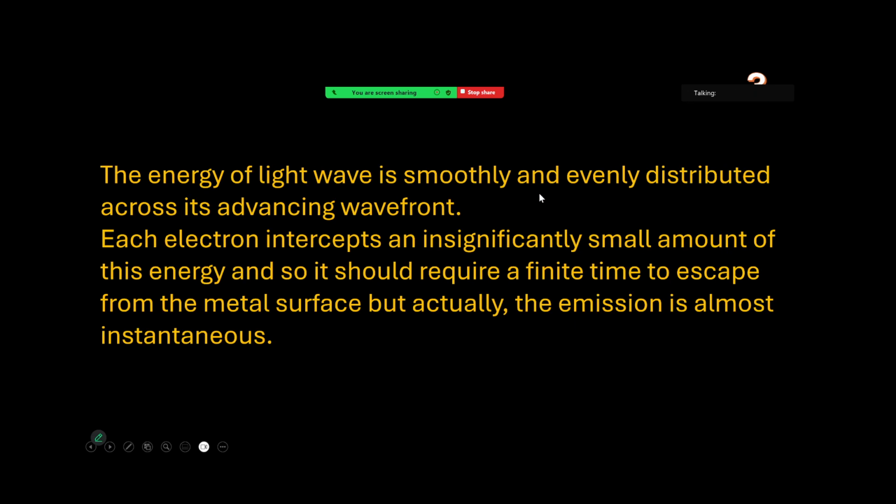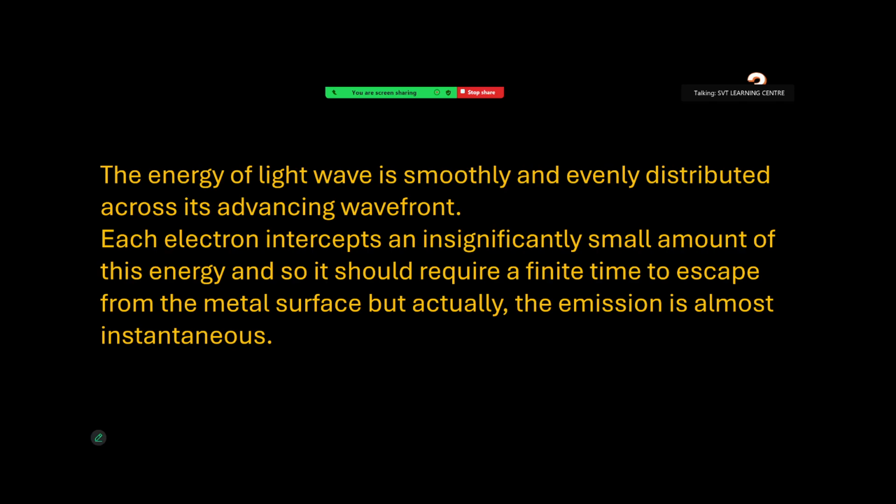Now the energy of a light wave is smooth and evenly distributed across advancing wavefronts. Each electron intercepts an insignificantly small amount of this energy. So it should require a finite time to absorb all the energy required for it to come out of the metal.